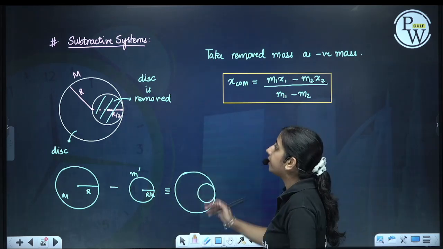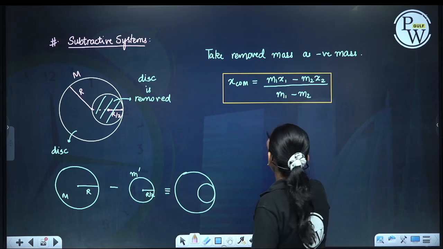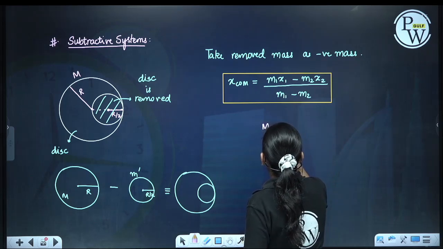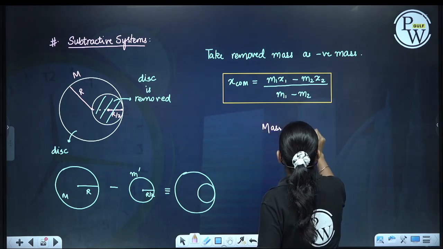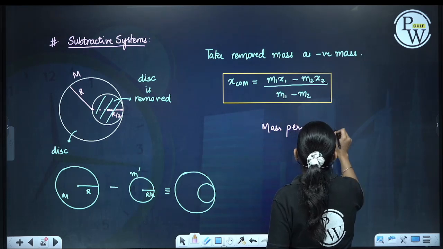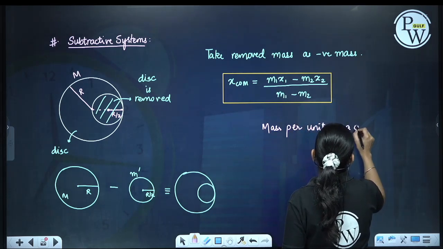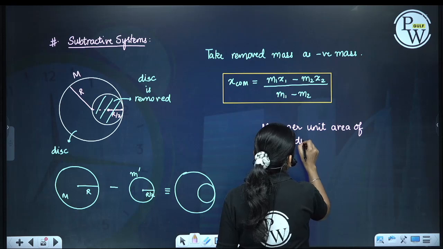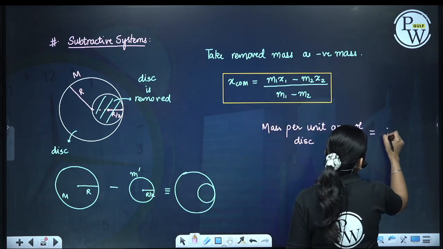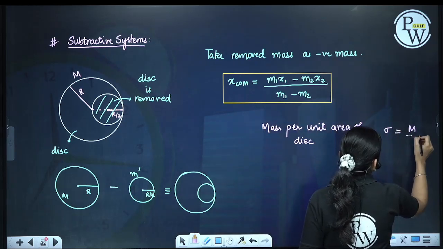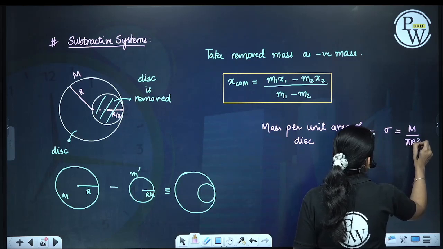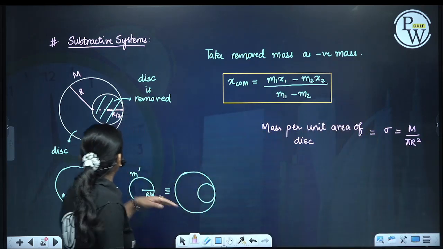Now let us calculate the mass which is removed. Mass per unit area of the disk, sigma, will be equal to m by pi r square, since mass m is distributed all over the radius r.